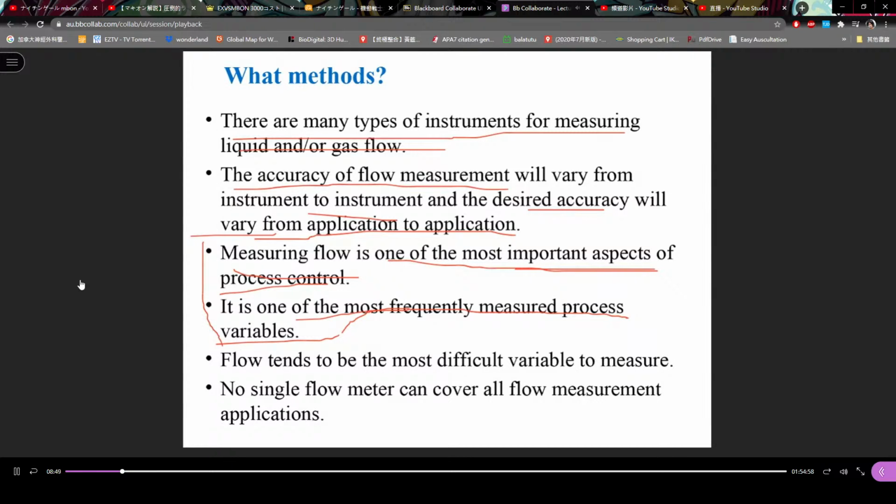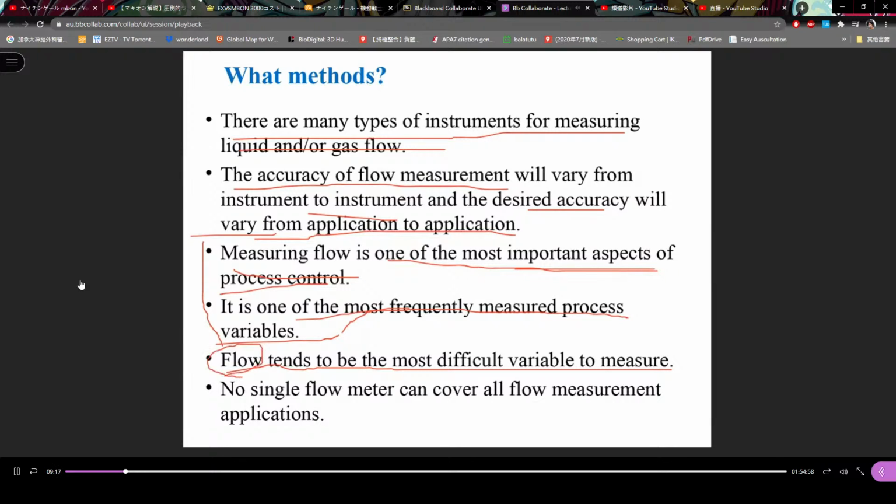Flow tends to be the most difficult variable to measure. You must understand, it's easy to measure temperature. It's easy to measure, say, relative humidity and wind velocity, and pressure as well. Pipeline pressure is very easy to measure, and temperature too, but it's not easy to measure flow rate.